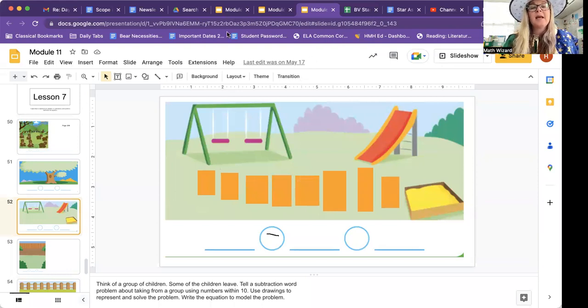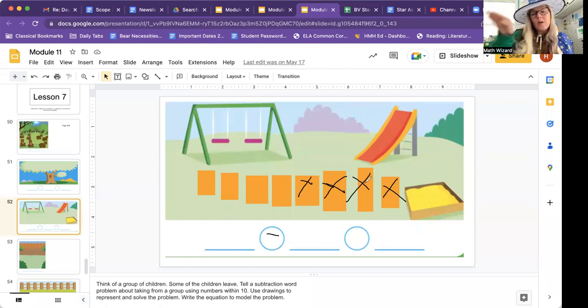And I'm going to say that 4 of them went home. So there were 8 children on the playground and 4 of them had to go home. Maybe it was lunchtime. And 4 of them went home. How many are still at the playground?